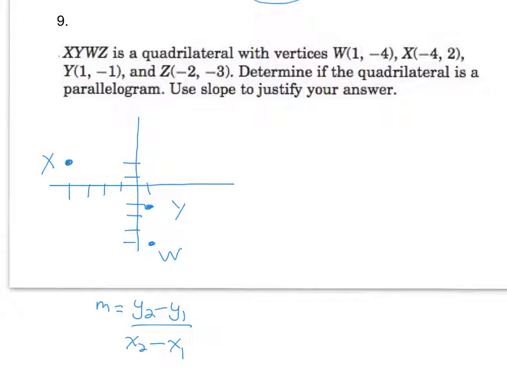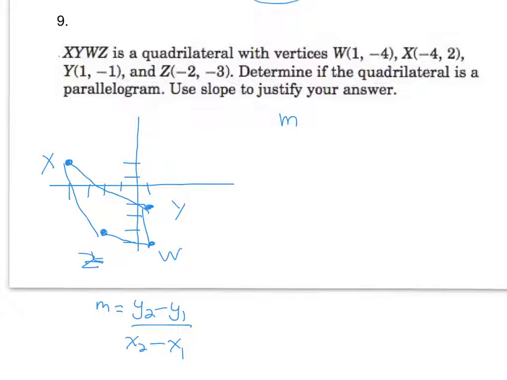And Z is negative 2, negative 3, which is here. So if I look at this, just eyeballing, it doesn't really look like a parallelogram to me. It doesn't necessarily look like XZ and YW are the same. So let's find their slopes.